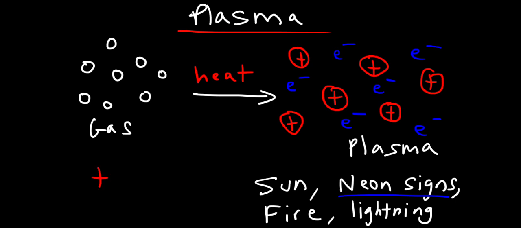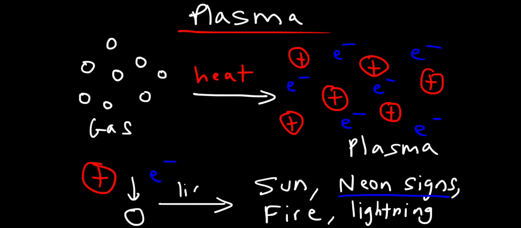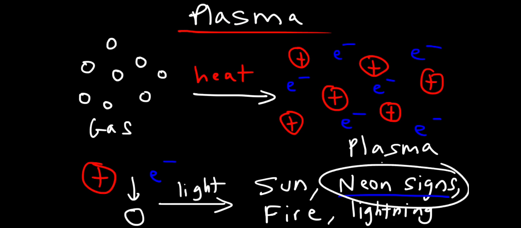But once the ionized gas particle and the electron recombine to form an atom, they will emit light and heat energy. And so that's how neon signs work. They use electricity to separate the atom from the electrons, and when these ions and electrons recombine to form the atom, they emit light as a result.